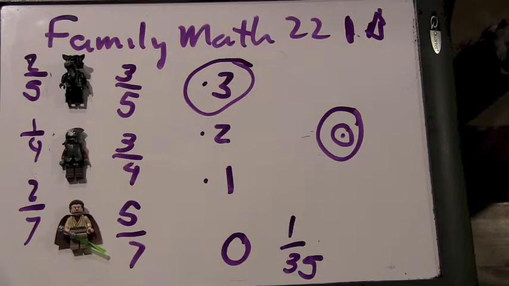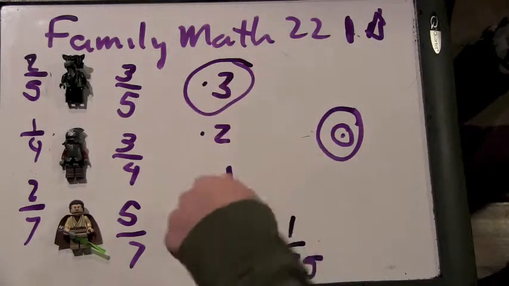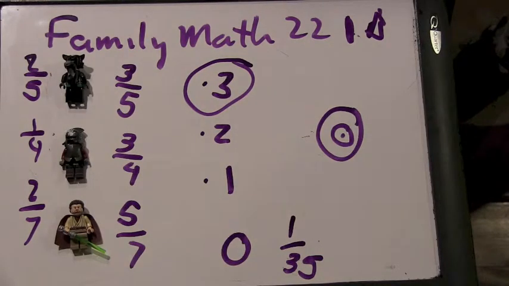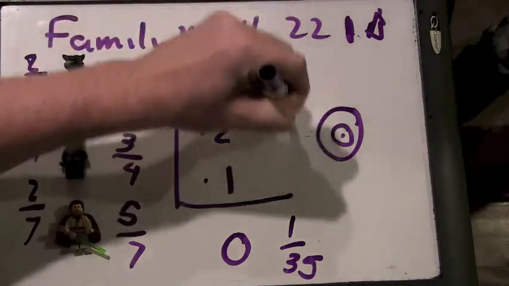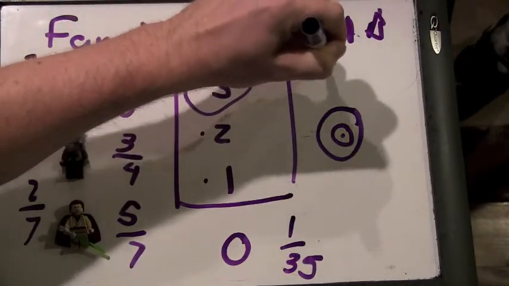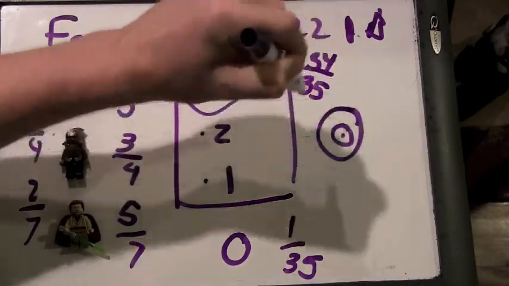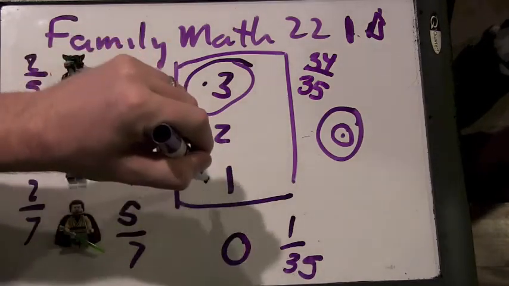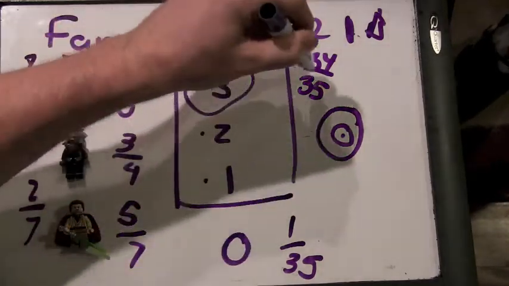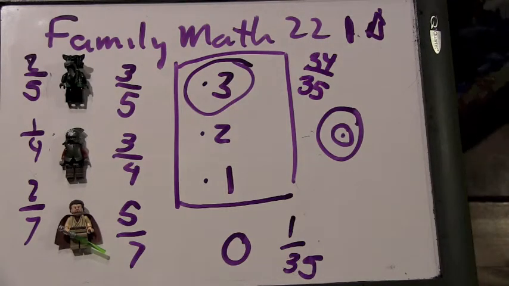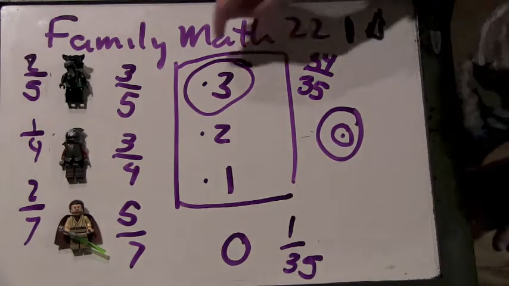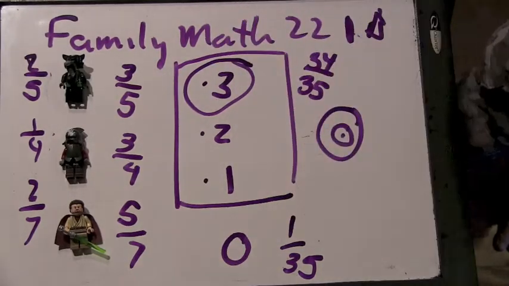So 0 hit happens 1/35 of the time. So you have 34/35 left. Because it didn't say you had to calculate each one individually. Sure didn't. These ones up here must add up to 34 out of 35, because all of these together add up to 1. Something has to happen.